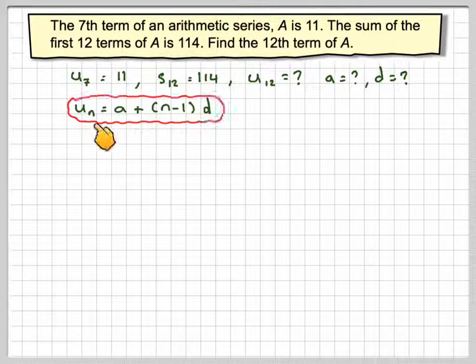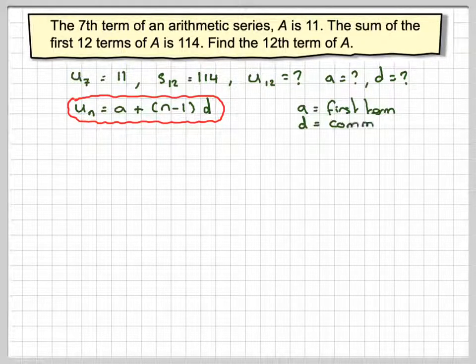So we know that Un is equal to the first term plus the term number minus 1 times the common difference. This formula is not given at IGCSE, it needs to be learnt. So putting in the relevant information, A is the first term, D is the common difference, and n is the term number.